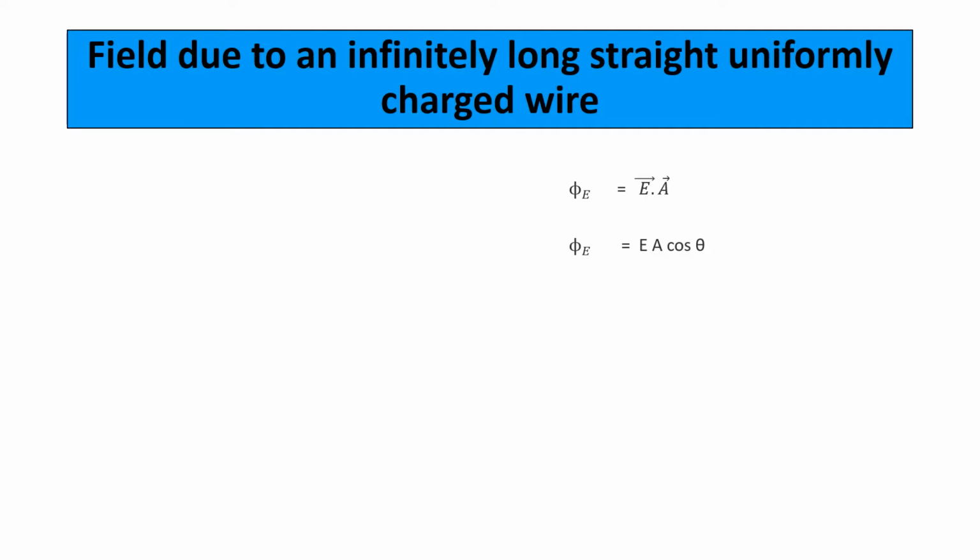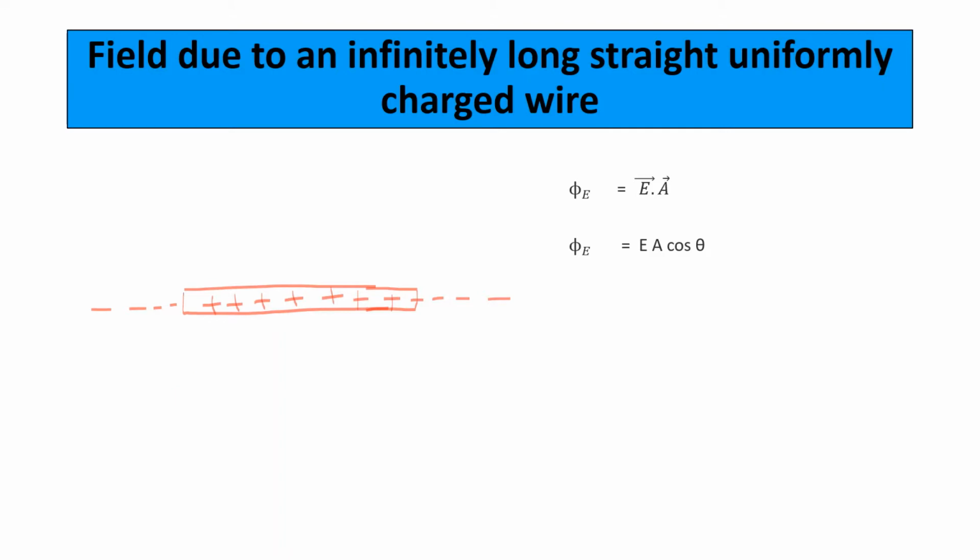First, we will learn to find the electric field due to an infinitely long, straight, uniformly charged wire. Let this be a uniformly charged wire. It is an infinitely long, straight, positively charged wire.